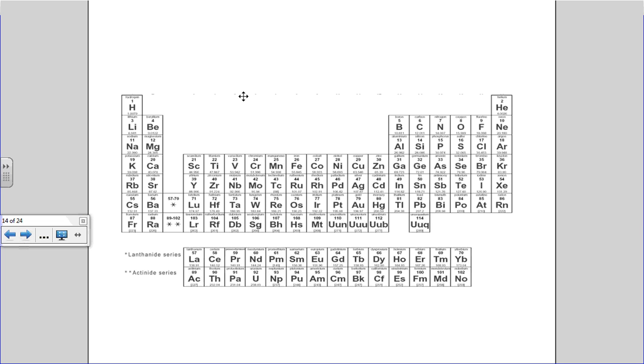So here is a lovely periodic table. And on this periodic table, on your review, I've asked you to do two things. I want you to first label the valence electrons. I also want you to label the oxidation number.